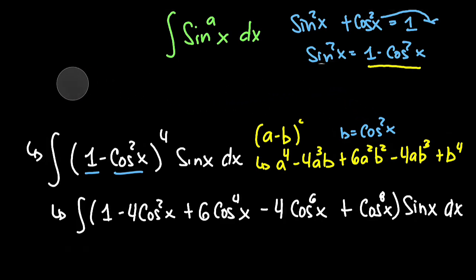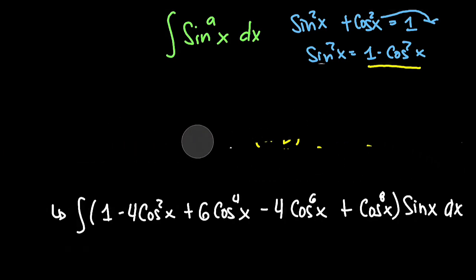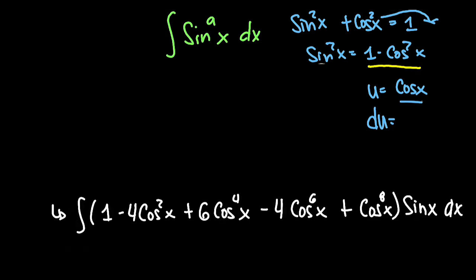As you can see, inside the parentheses, there are a lot of cosine values in there. So we would want to use a technique called U substitution. Whenever you use U substitution, you would want to take the derivative of that. So let U here be the cosine value, which is cosine of x. And take the derivative. The derivative of cosine of x is simply equal to negative sine of x.